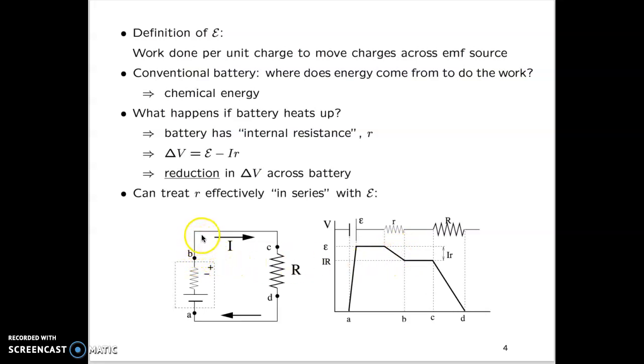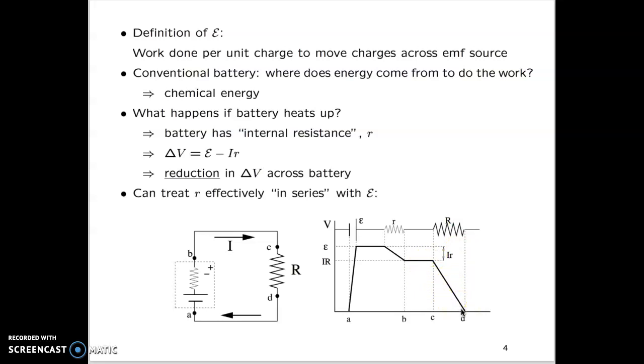Then we walk along this section of the wire until we get to the real resistor with resistance R. Once again, current flows from left to right, across a resistor from the high potential side to the low potential side, so the electric potential decreases.